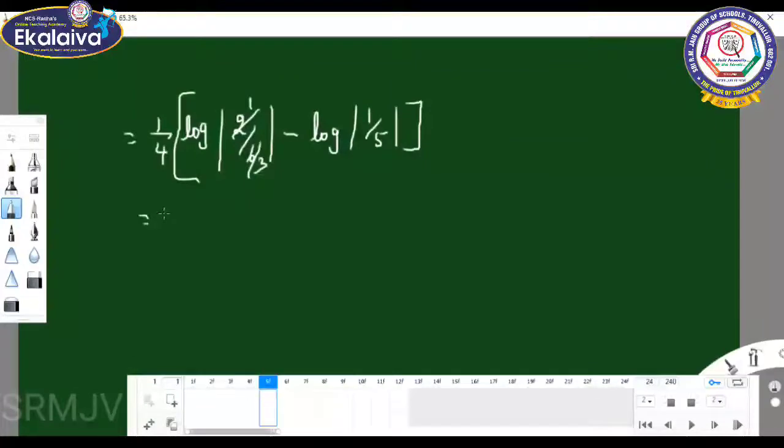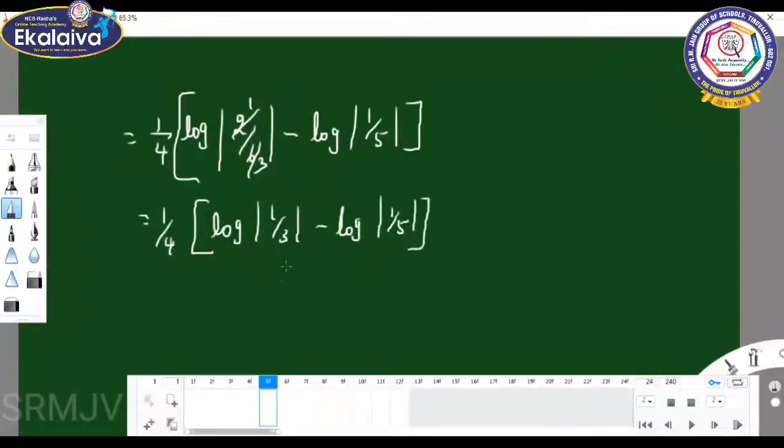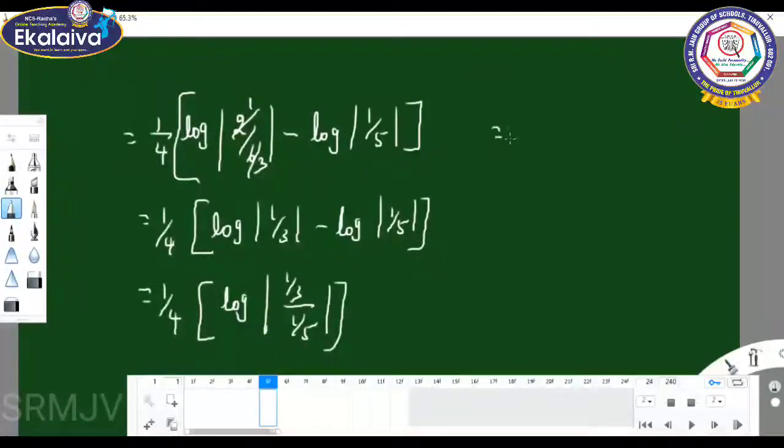So 1 by 4 into log of modulus of 1 by 3 minus log of modulus of 1 by 5. Log m minus log n equals log m by n. So what is the value? 1 by 4 into log of modulus of 5 by 3 is the answer.